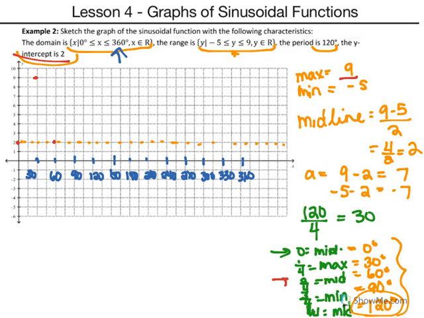At 90 degrees, it'll go to our minimum at -5. And at 120 degrees, it should go back to our midline. So you're just going to repeat that process, keep going. So 2, and then it'll go to your maximum. Another 2, and it's your midline. 2, and it's your bottom. 2, and it's your midline. So fill all of these points in.